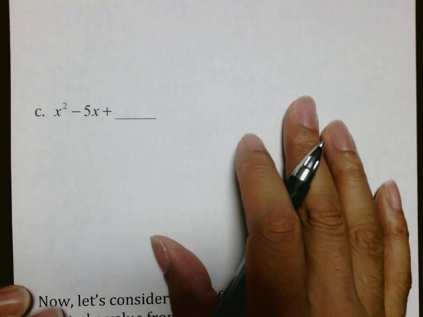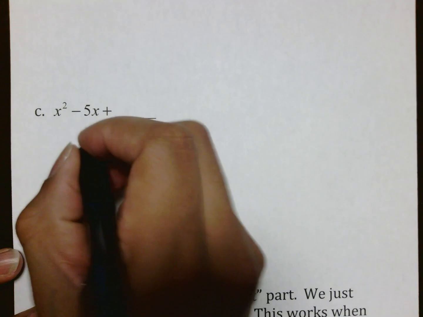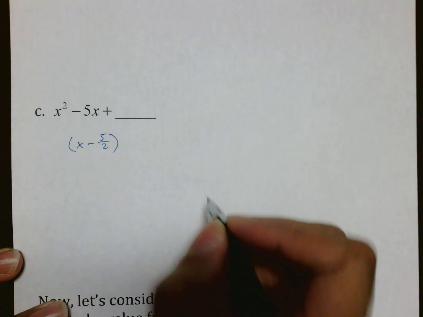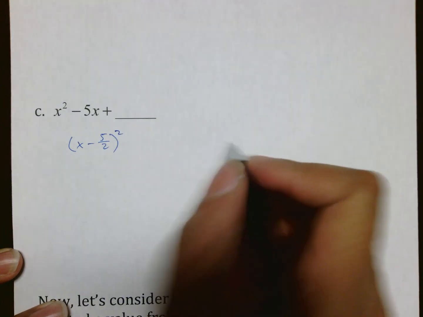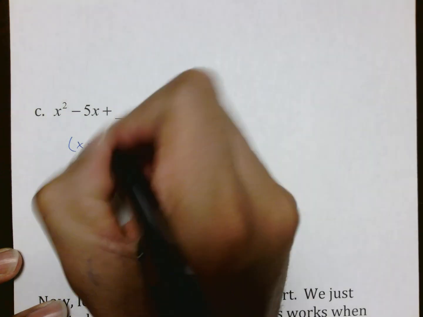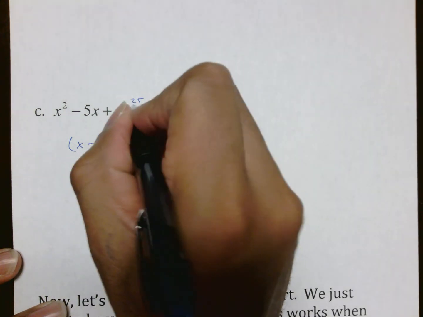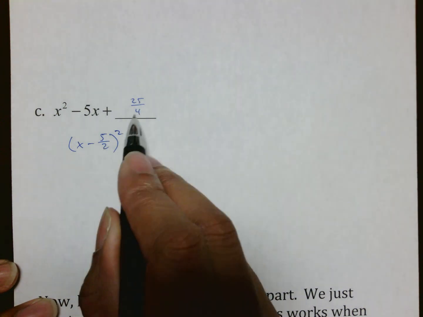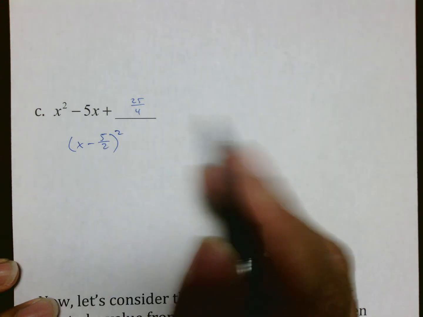And then for c, this happens anytime you have an odd number, but what you will do here is just use fractions. So whenever you cut a number in half, you simply put it over 2, and when you square that number, you will actually square both, so it'll be 25 over 4. So again, 5 times 5, 25. 2 times 2, 4.